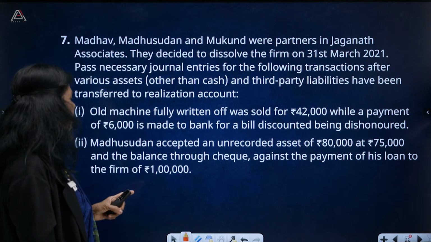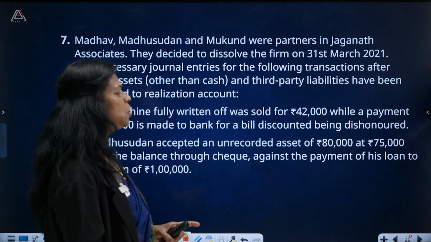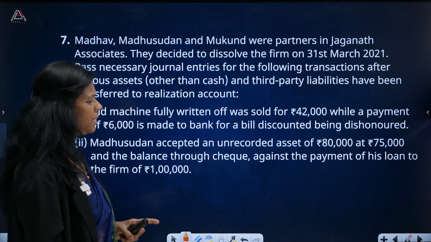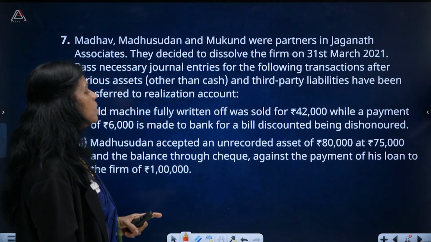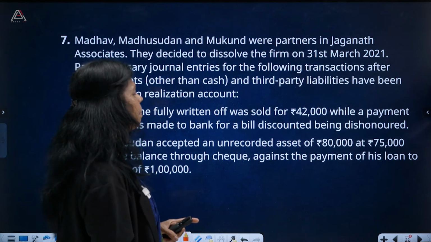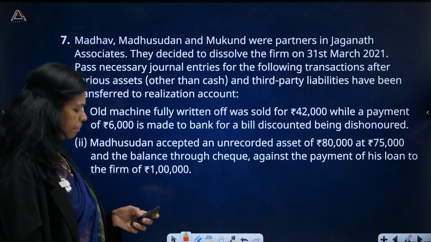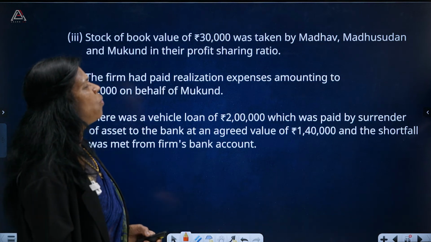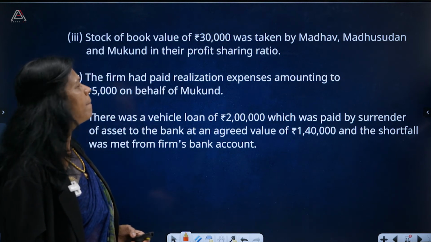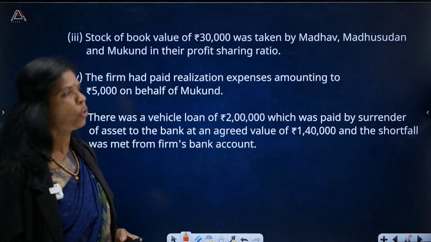Okay, second one, Madhusudan accepted an unrecorded asset of rupees how much? 80,000 at rupees 75,000 and the balance through cheque against the payment of his loan to the firm of rupees 1 lakh. Stock of book value of rupees 30,000 was taken by Madhav, Madhusudan and Mukund in their profit sharing ratio.